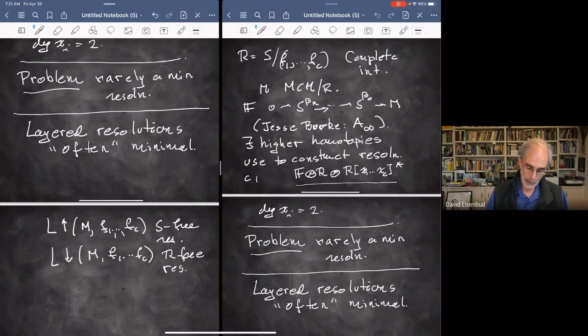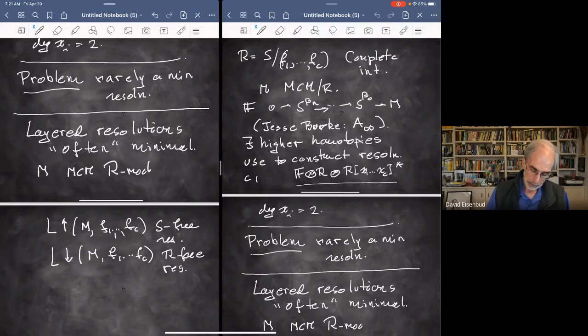And as I say, both of them will be often minimal, and here always M is going to be a maximal Cohen-Macaulay R-module, and F1 up to FC, R is S modulo F1 up to FC, and M should have no free summands.